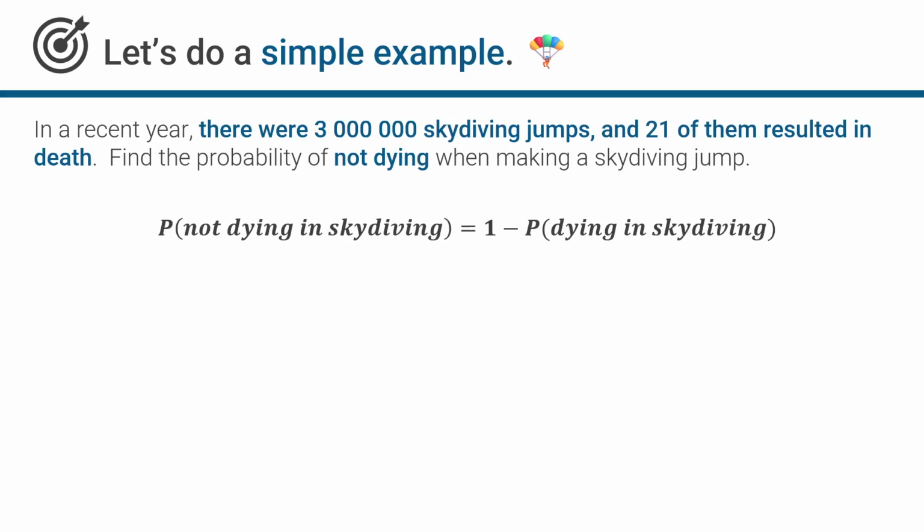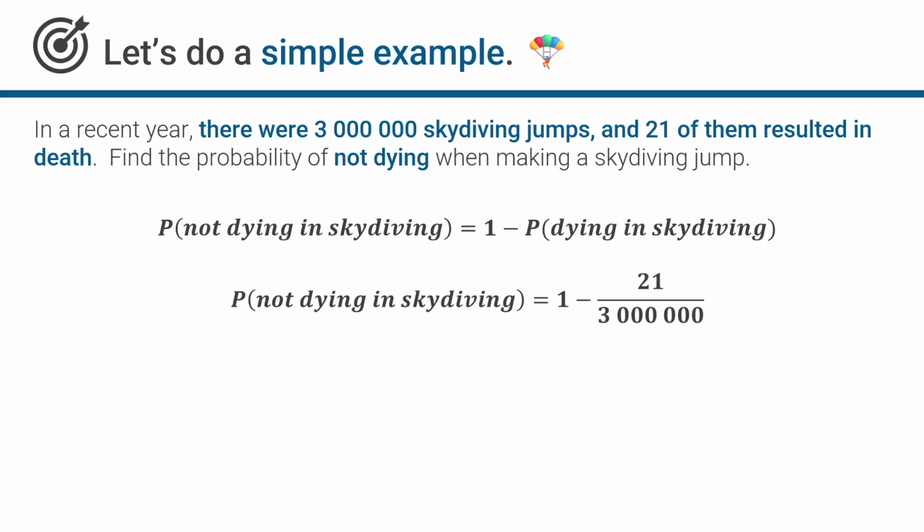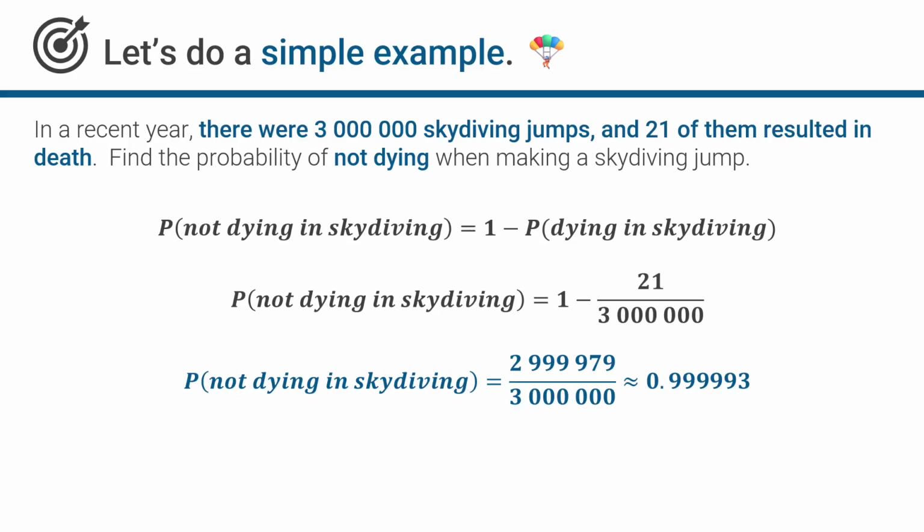So that is 1 minus 21 over 3 million, where 21 out of 3 million jumps is the probability of dying in skydiving. That is 0.9993.